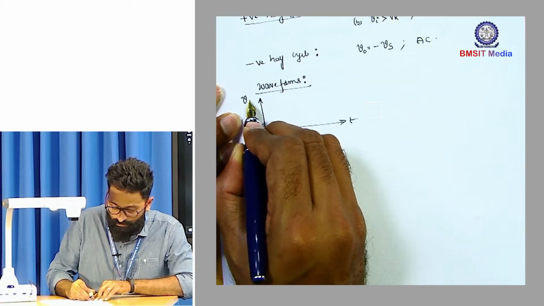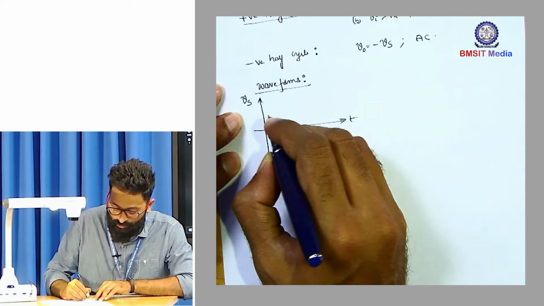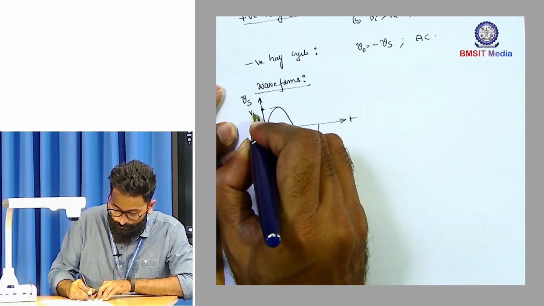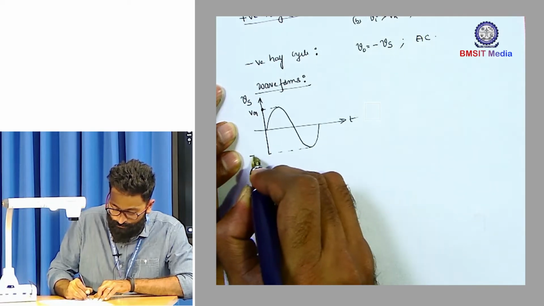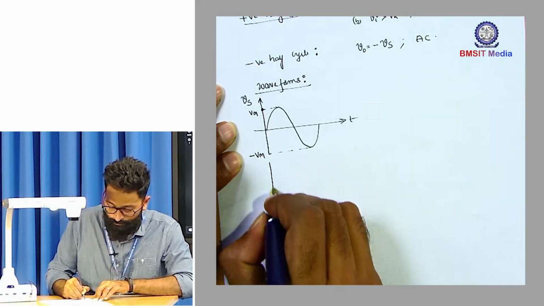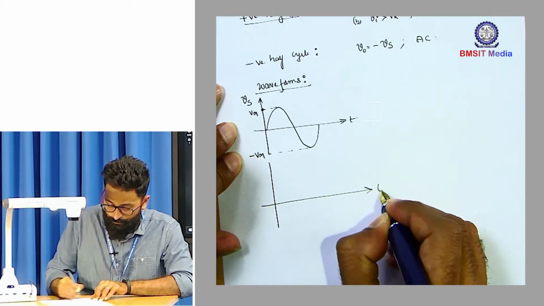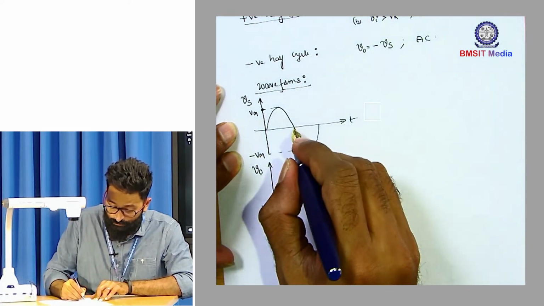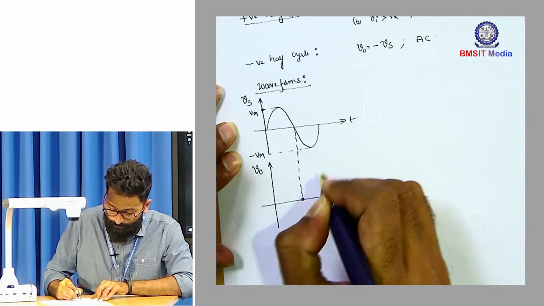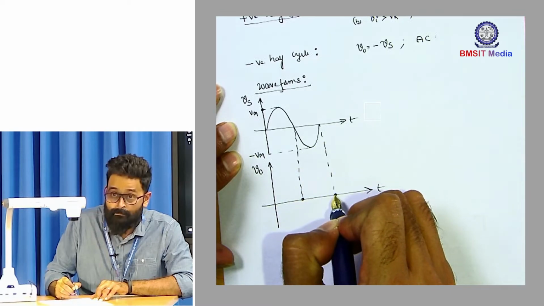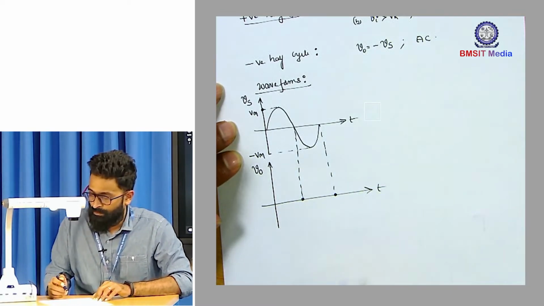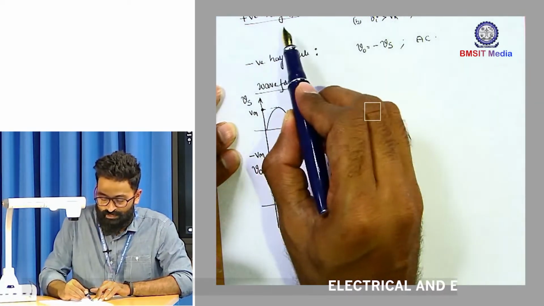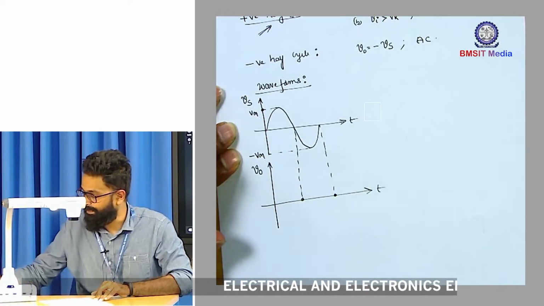First let us plot the source or input voltage waveform. This is Vm and this is minus Vm. Then let us plot the output voltage. So the source comparison was present for the positive half cycle, right?